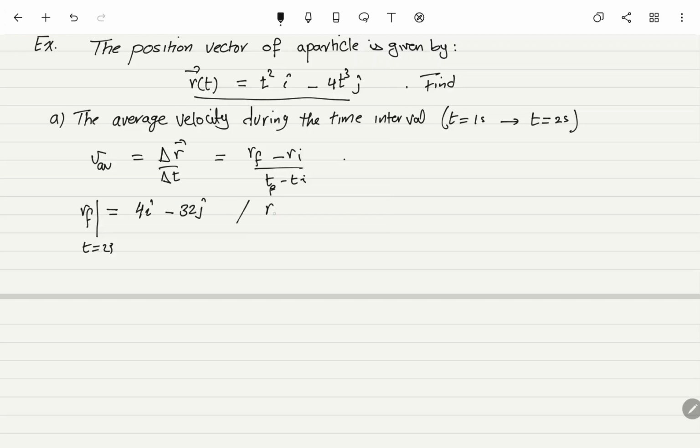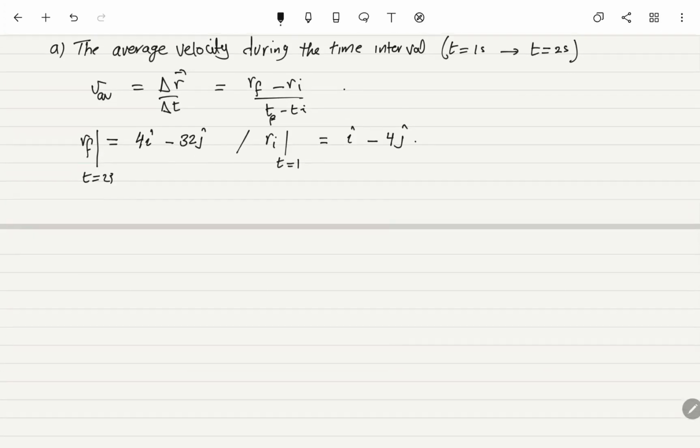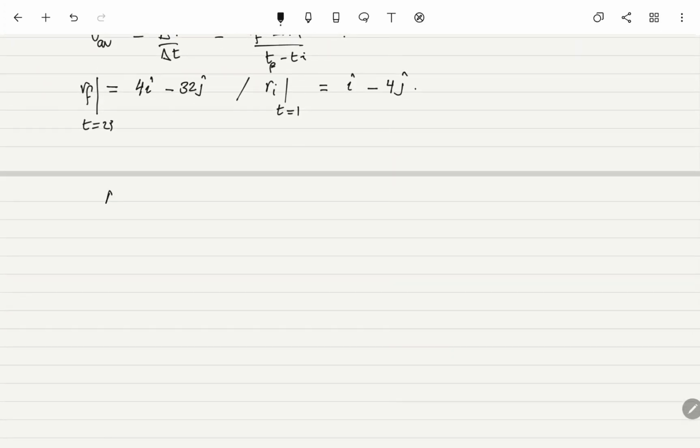Now r initial, when t equals 1, equals i hat minus 4j hat.